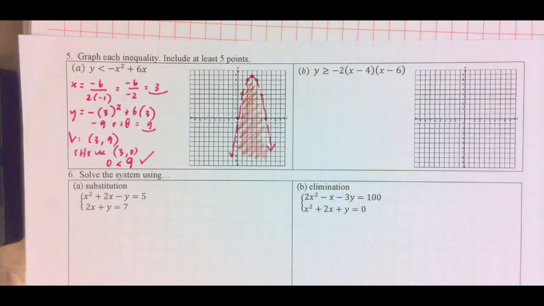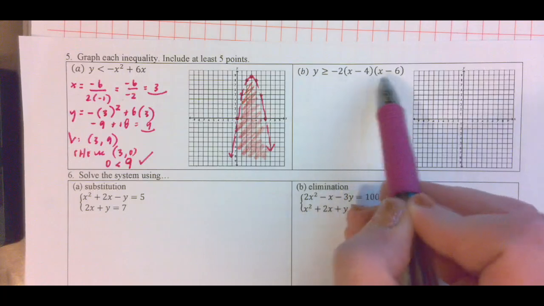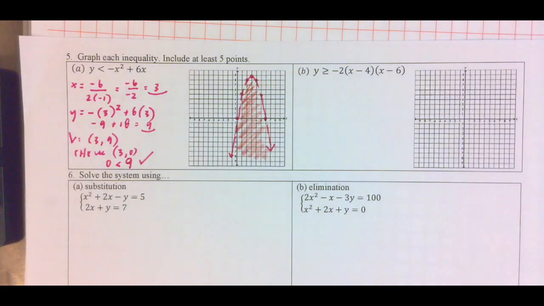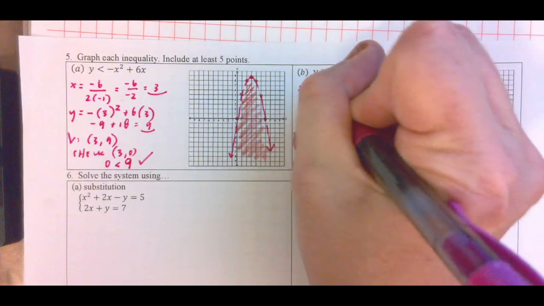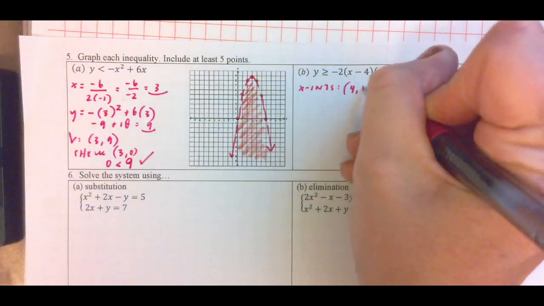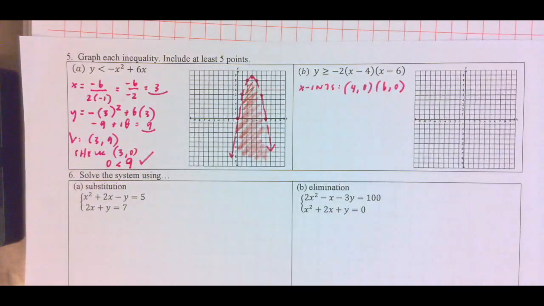All right, next one. Here I'm given really the factored version, the intercept version, so I'm able to pretty quickly get to my x-intercepts. All right, so I have 4, 0, and 6, 0.